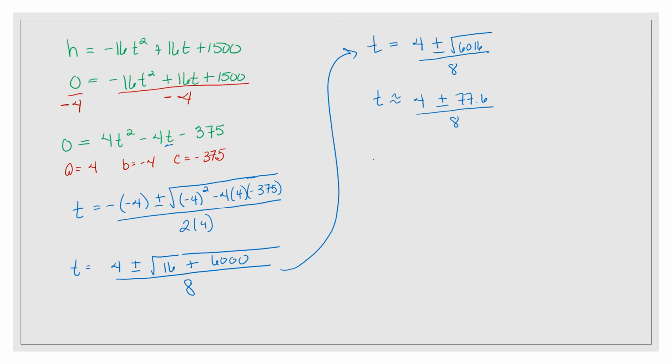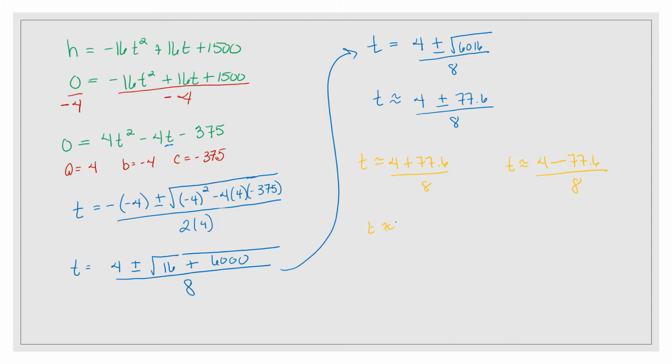Okay, so I have 2 answers now, don't I? I have t being approximately equal to 4 plus 77.6 over 8. And I have t being approximately equal to 4 minus 77.6 all over 8.